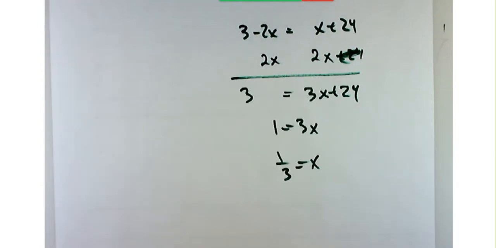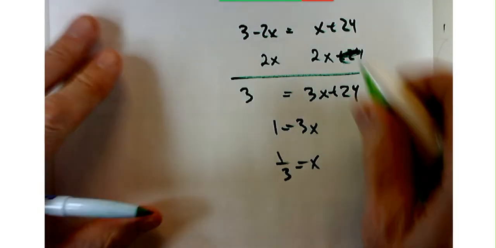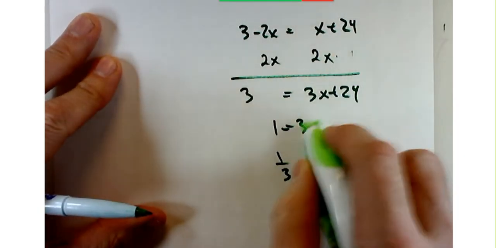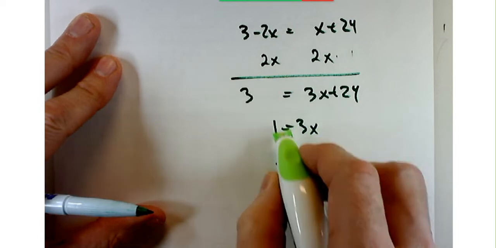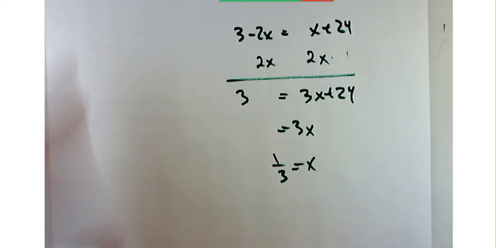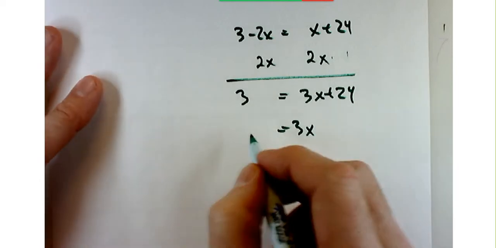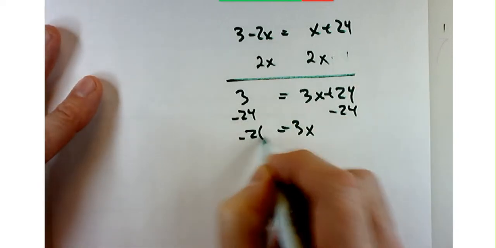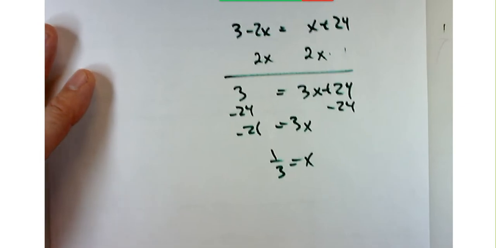Let me go back to here. So that part's okay. Subtract 24 from both sides. We get negative 21 equals 3x. There we go.